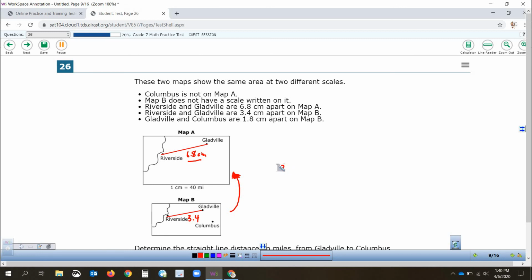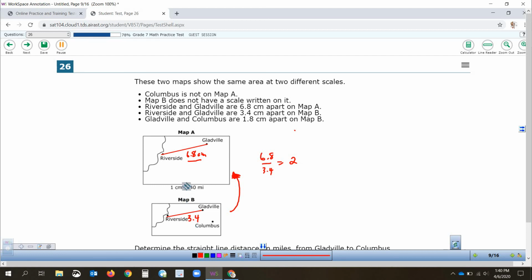Or if I were to write 6.8, which is the distance on map A, and divide it by 3.4, which is the distance on map B, I hope you can quickly see that 6.8 divided by 3.4 is 2. So map A has twice the scale of map B. Got it? Or you could say map B has half the scale. Its scale is half as big as map A.